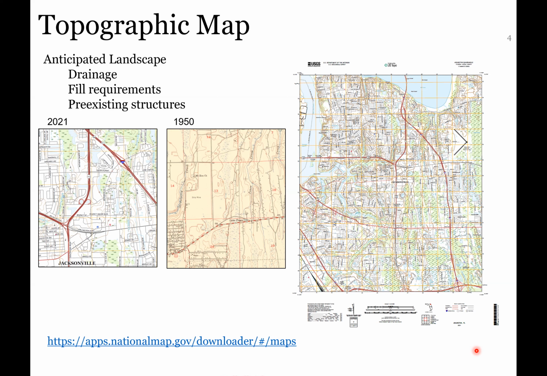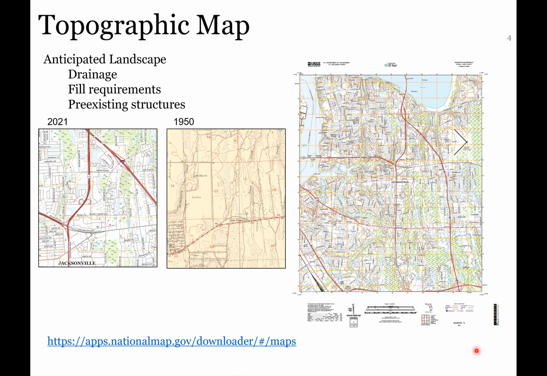I'll show this specific area in the example later on for the historic aerials, but this is actually the Southside Expressway with 295 over by the Regency Mall. You can see here in 1950, this is Atlantic Boulevard going here. So this little line there is the same line here. This is before they built the Arlington Expressway.